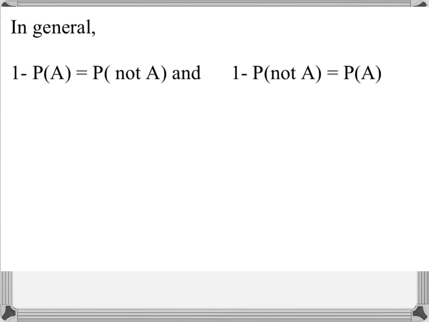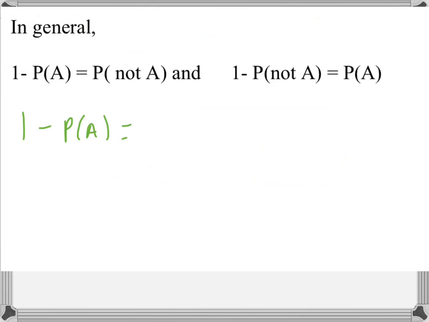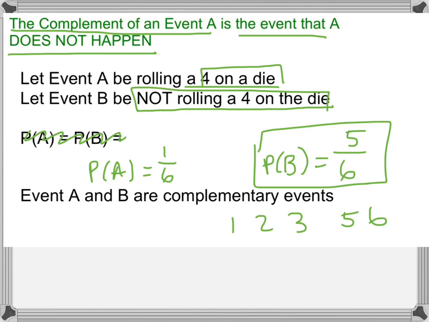Now, in general, 1 minus the probability of A is equal to the probability of not A happening, or the probability of A complement. So for instance, when A was rolling a 4, 1 minus 1 over 6 is 5 over 6, right? And that was the probability of not rolling a 4, okay?